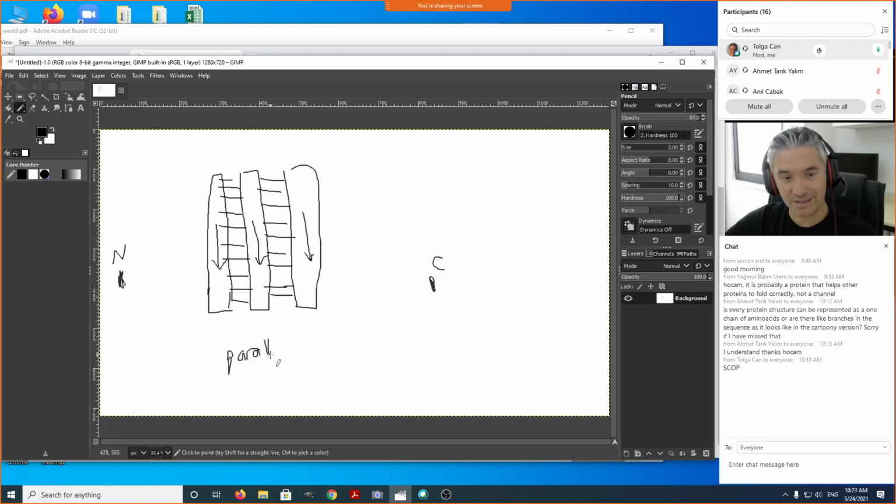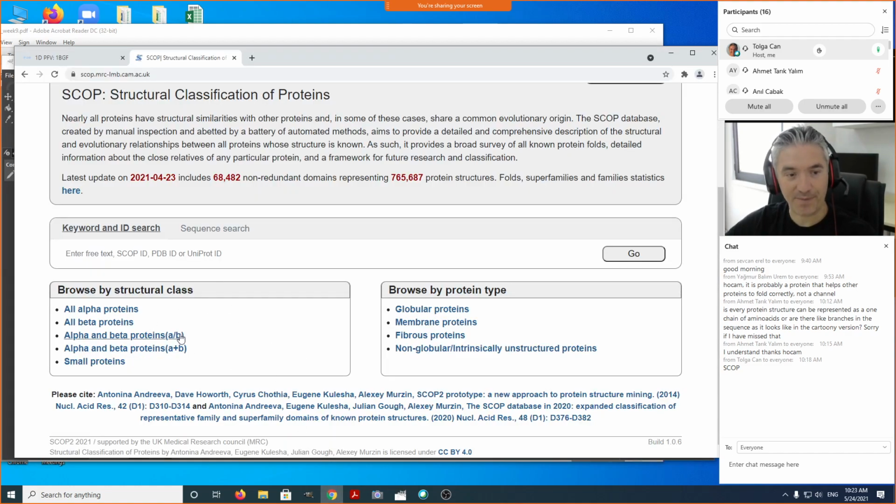So the sequence order is uniform in all three of them. This will be a parallel beta strand. And in the SCOP class, A slash B is referring to this kind of beta formation. So for alpha and beta proteins, A slash B is this one, and A plus B is the anti-parallel one.